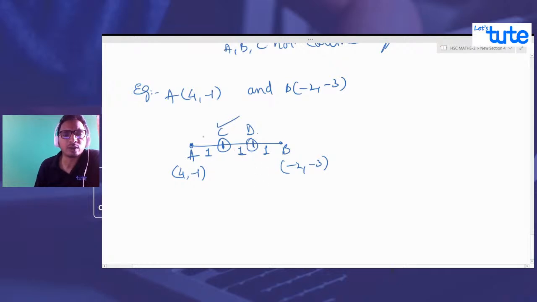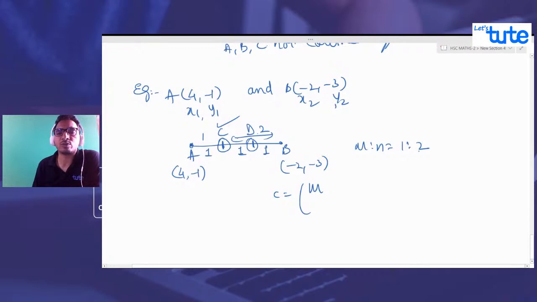Now, suppose I go for C. The ratio would be 1:2. Now we have to find the coordinates of C. In this case we are going to take this as x1, y1 and this as x2, y2.